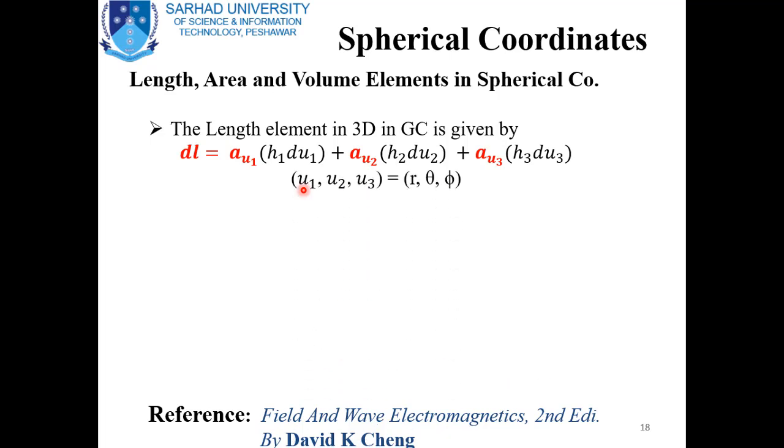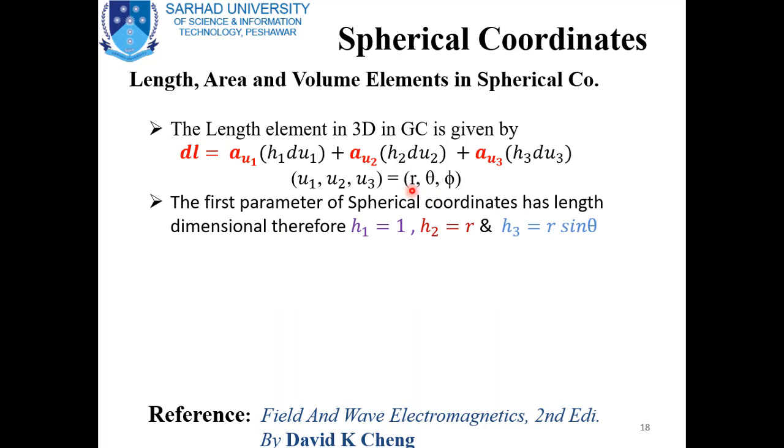For this, we see that the generalized coordinates u1, u2, u3 in the case of spherical equal r, theta, phi. It is clear that the first coordinate represents a length dimension, so in this case the metric coefficient h1 equals 1, while for the remaining two coordinates, theta and phi, the metric coefficient must have a length dimension or be a multiple of a length component.